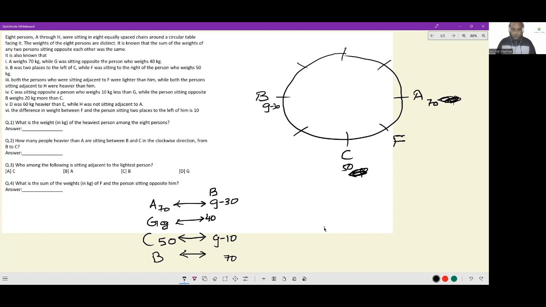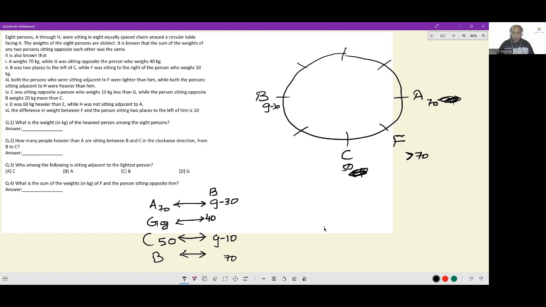Now, we know F has to be greater than 70, because both the persons who are sitting adjacent to F were lighter than him. See, opposite to G, you have somebody weighing 40. Can that diagonal be G and C?